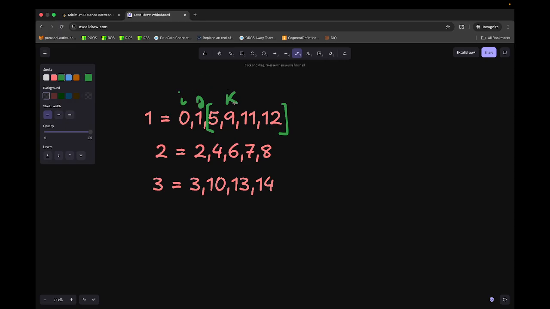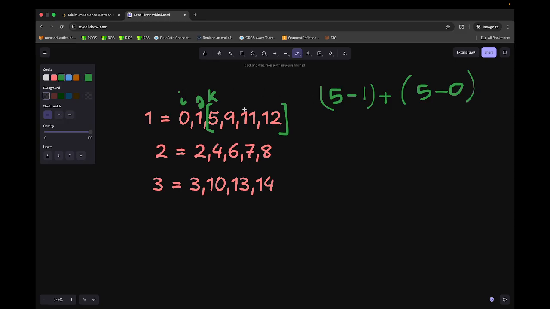If I pick this as k, it will contribute 5 minus 1 plus 5 minus 0. If we are sure that we have picked these two elements, they contribute 1 minus 0 to the sum, and when we add a k, it contributes k minus j and k minus i.